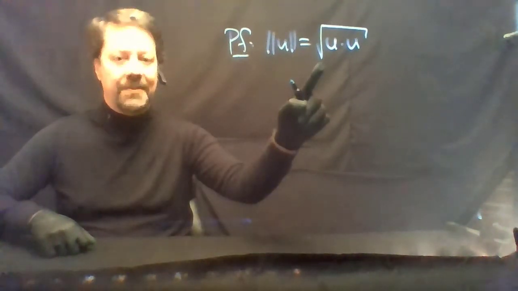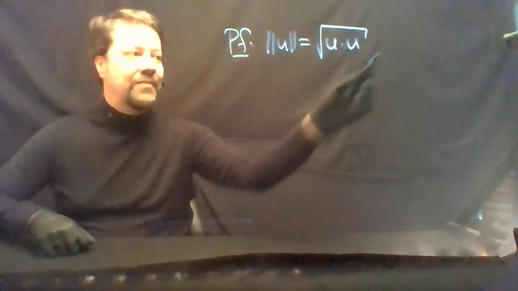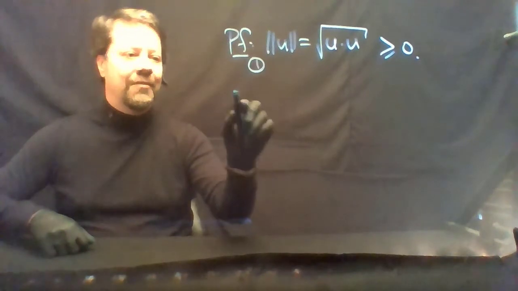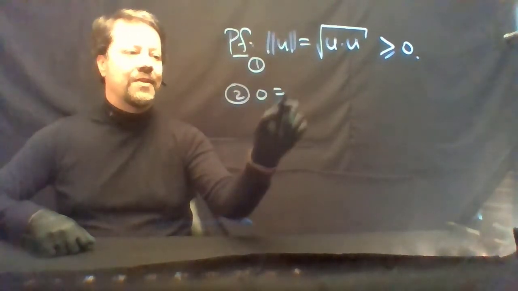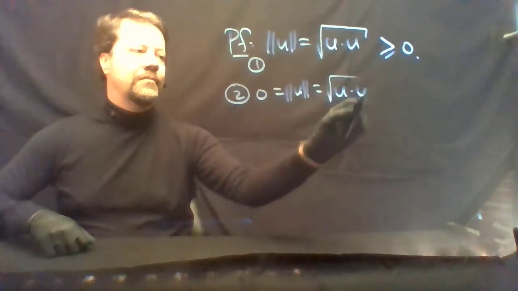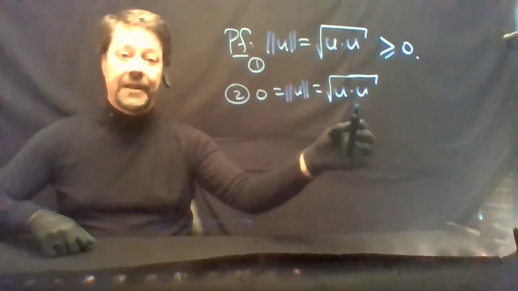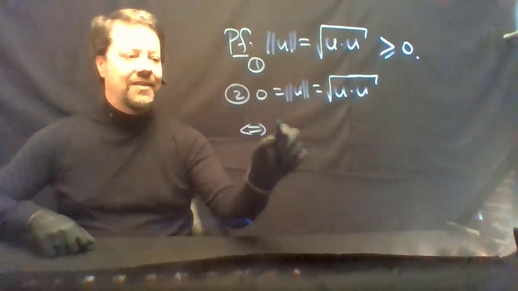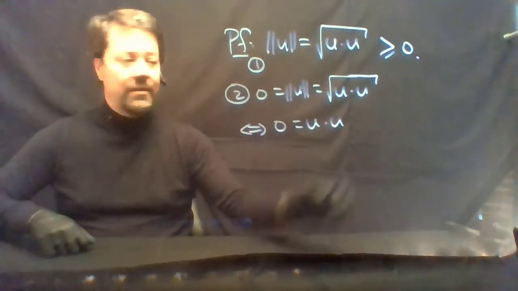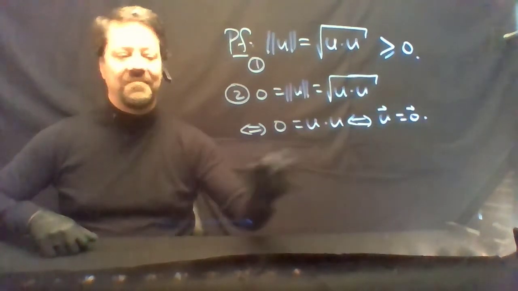This is the principal square root. The principal square root is the non-negative one. So that proves property 1. For property 2, suppose 0 is the norm. The only way a square root can equal 0 is if the thing under it is 0. And we just showed that this is true if and only if u is the zero vector.